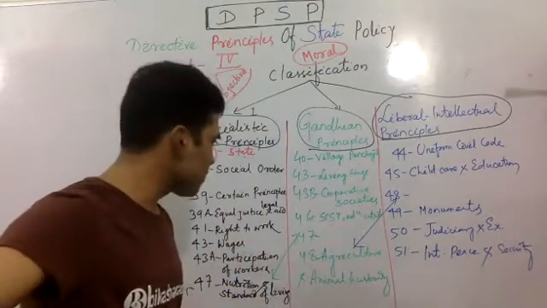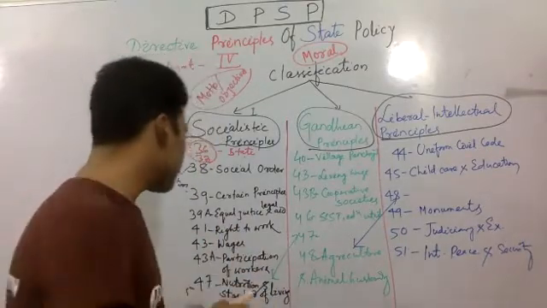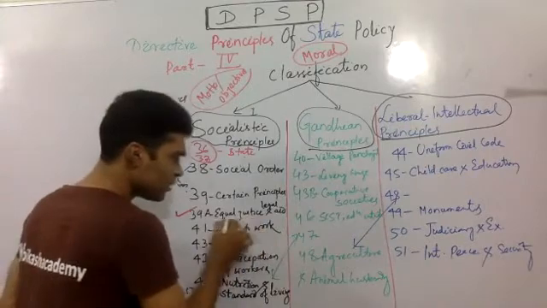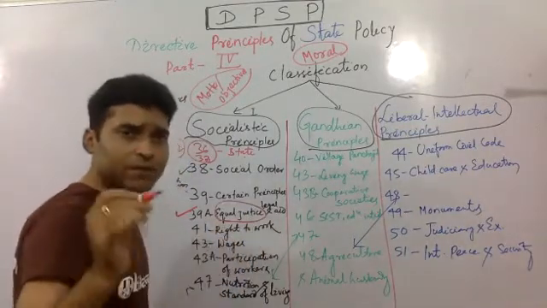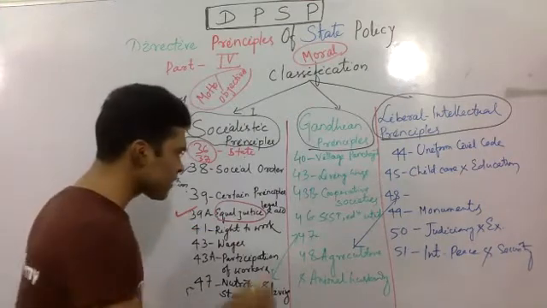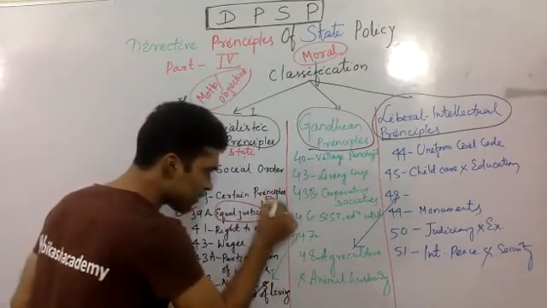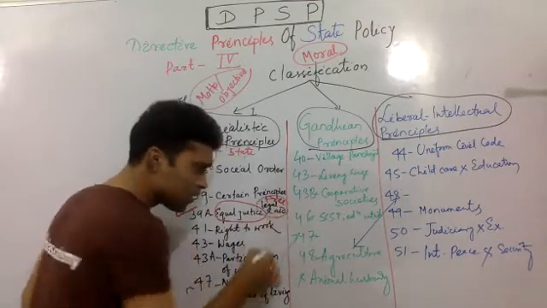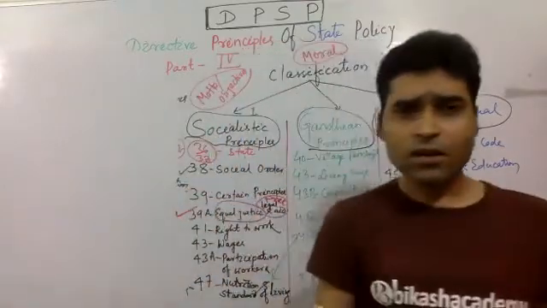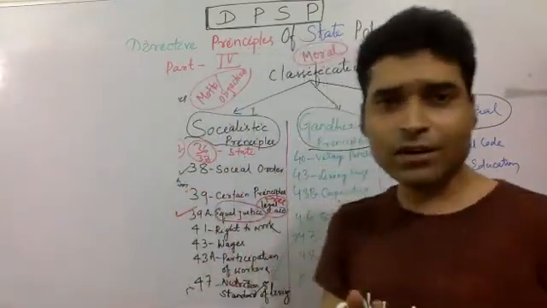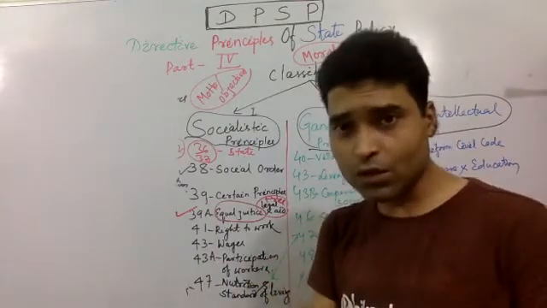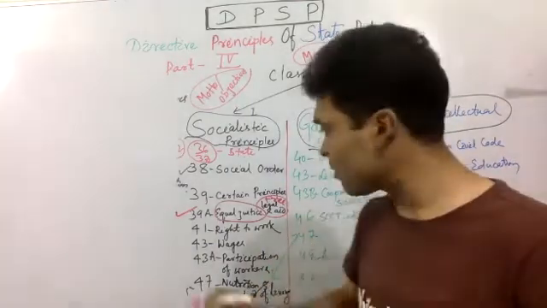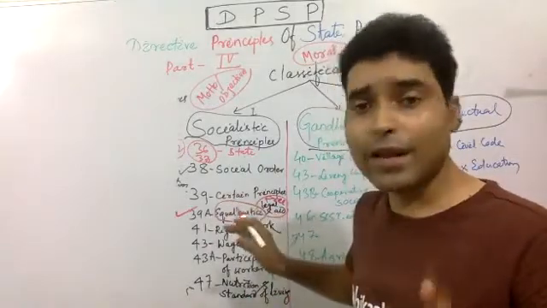The state has a responsibility to give justice to everybody, socio-economic justice of all types, and free legal aid. Please remember, this is free legal aid. Suppose a very poor person is unable to fight the case in court, then the state has a responsibility to give free legal aid.